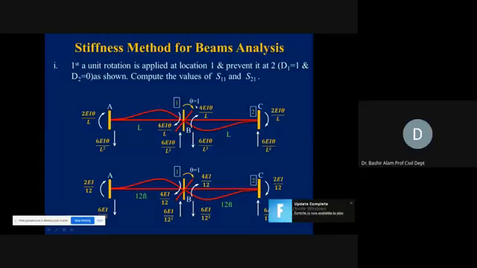And because of this rotation, how many member actions will be generated? Already we discussed that at the near end, the moment generated will be in the same direction as that of rotation, and it will be 4EI theta divided by L. At the far end, it will shift by half of the amount. So thus it will make 2EI theta divided by L.